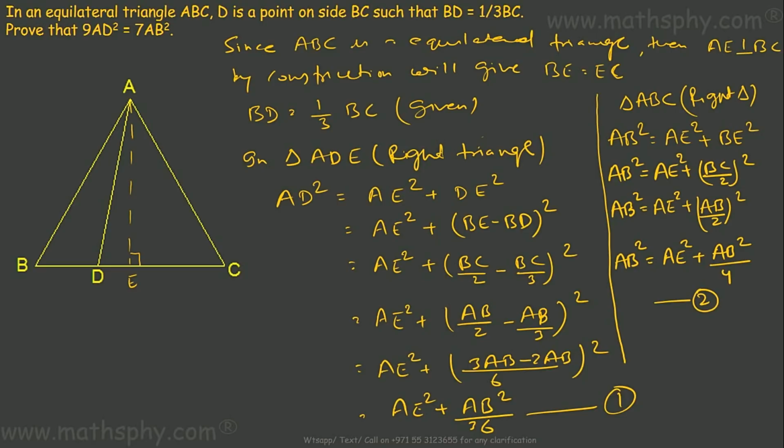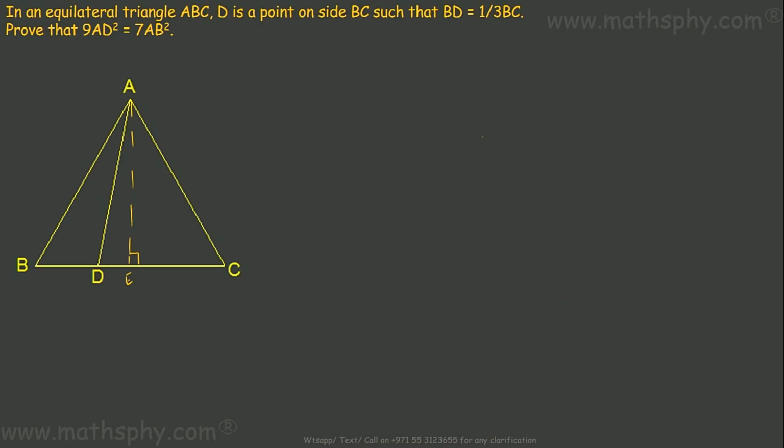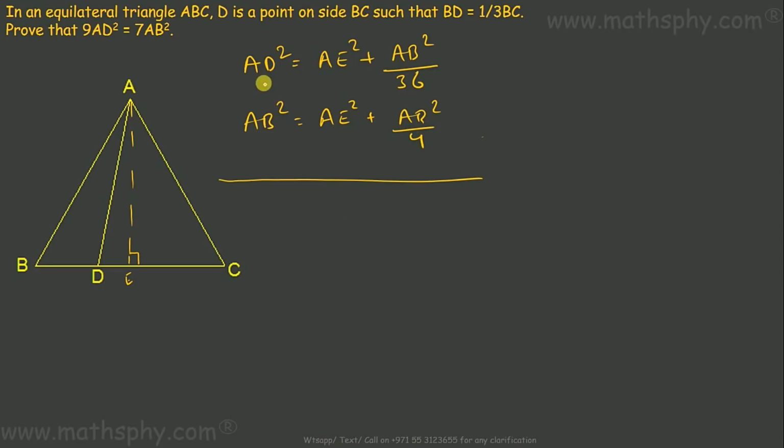Now I have two equations. First one is here: AD square is equal to AE square plus AB square over 36. And AB square is equal to AE square plus AB square over 4. Let's take equation number 1 and 2. Let's solve them.